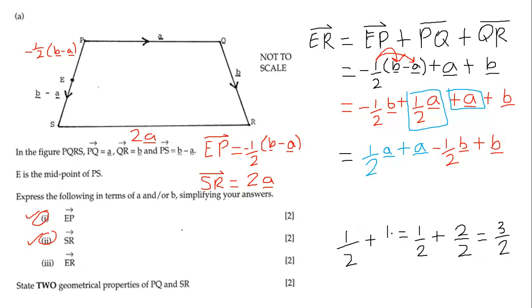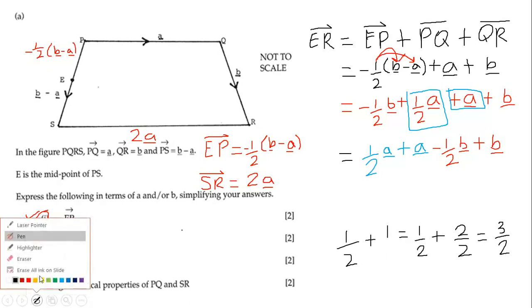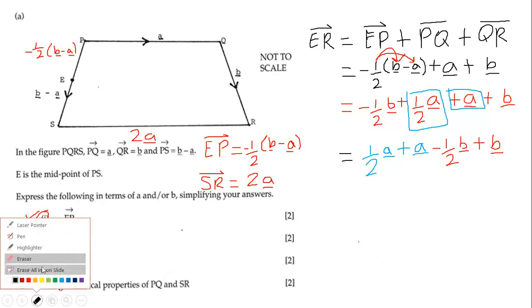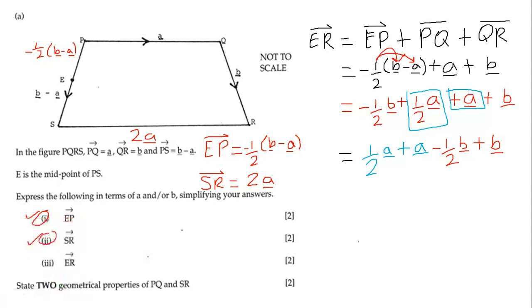So a half plus 1 is actually 3 over 2. So a half a plus 1a is equal to 3 over 2 a bar.